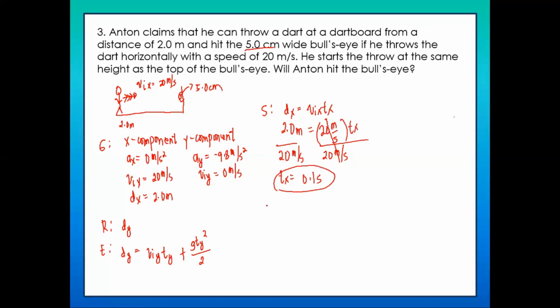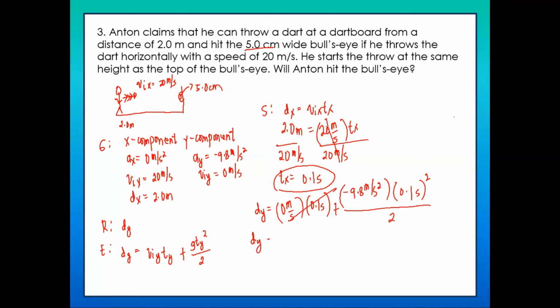Moving on, d sub y is equal to v sub iy, which is 0 meters per second, times the time of 0.1 second, plus g, which is your a sub y, negative 9.8 meters per second squared, multiplied by the square of your 0.1 second, divided by 2. So, let's square 0.1 first.